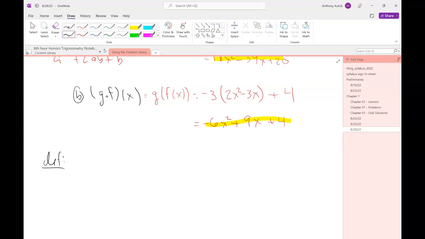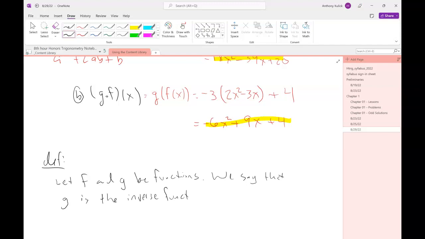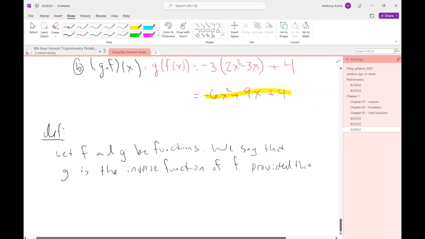Definition. Let f and g be functions. We say that g is the inverse function of f, provided that the following holds.